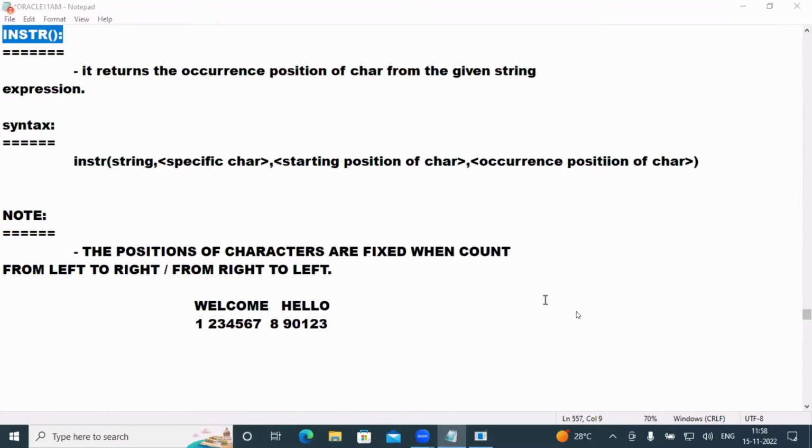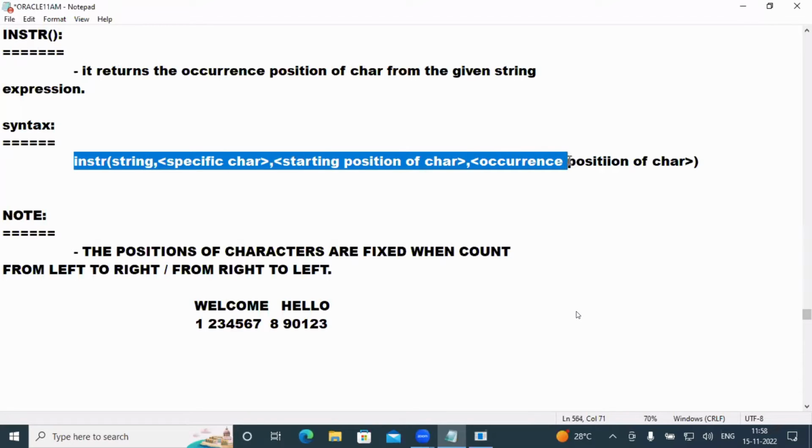So in that case, you must observe the position of characters, then only can you understand. Otherwise you get confused. So now what I'm saying here is my INSTR arguments.